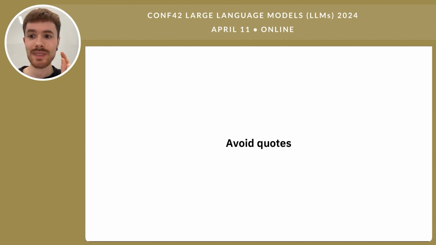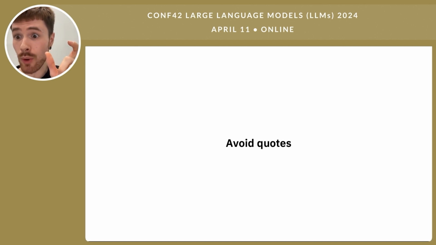Also, avoid quotes. I'm not saying to avoid quoting other people. What I'm trying to say is that you should avoid quotes like "George Washington said whatever," those phrases that everyone says. You should try to avoid them, because when the system sees one of those phrases, it will see that all of the words are agreeing, because it's been seen 1,000 times already.